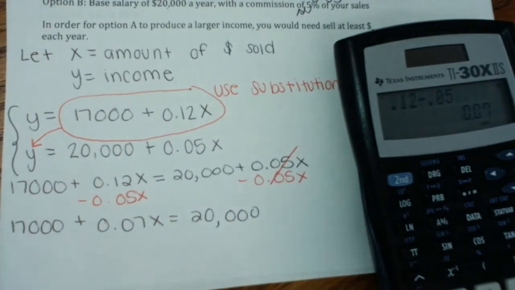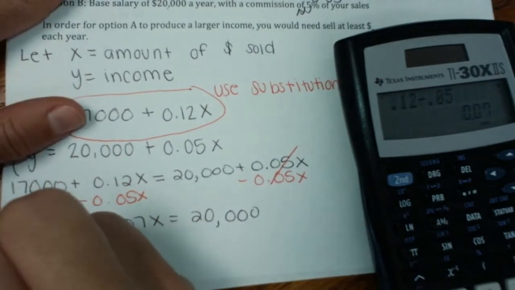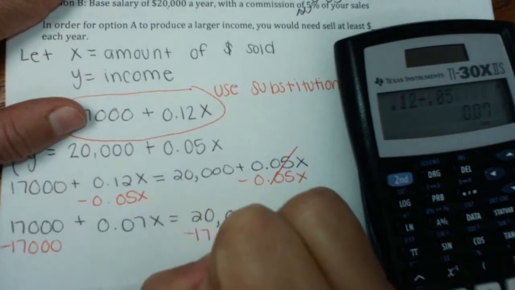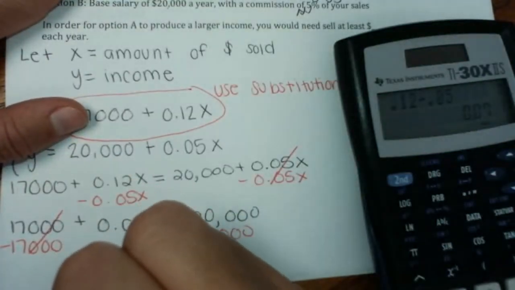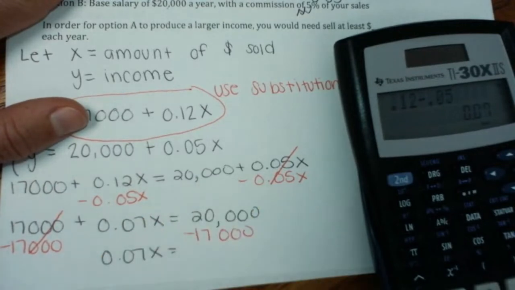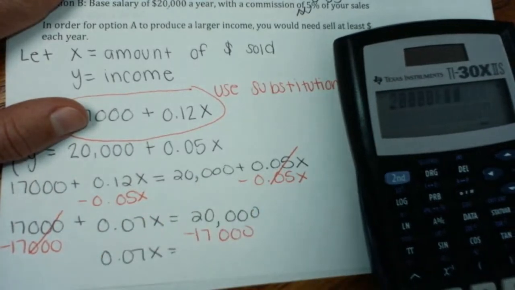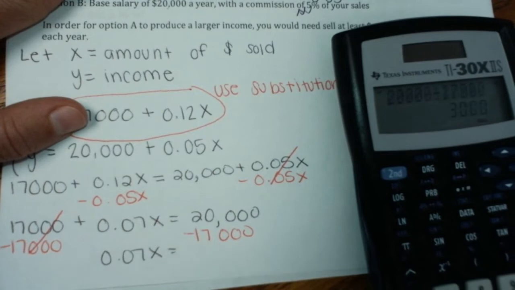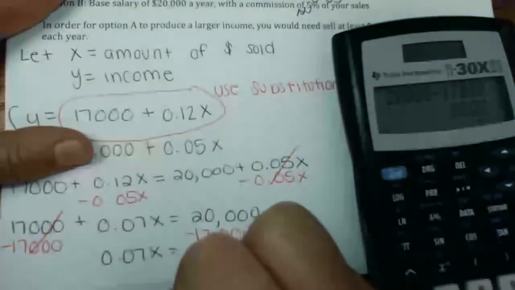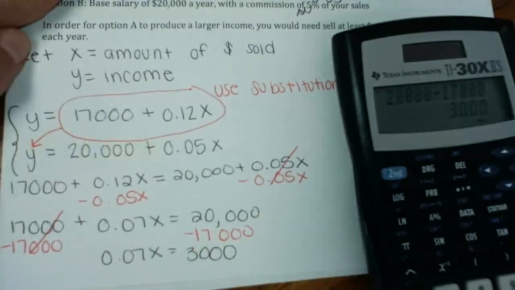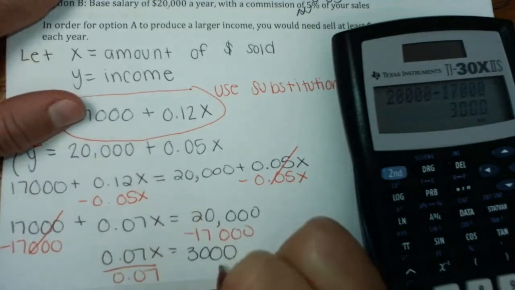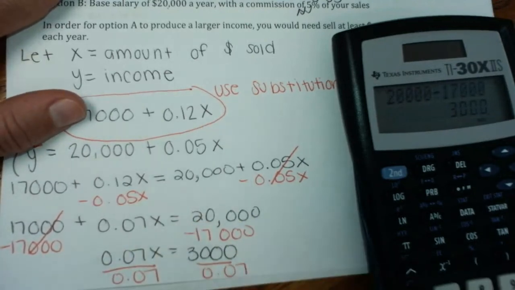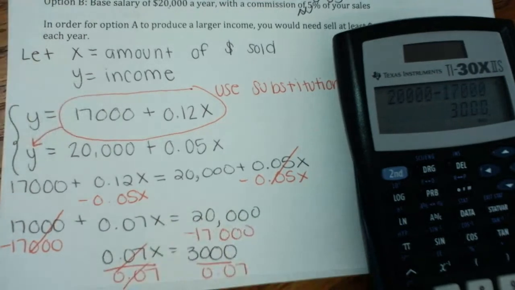Getting x by itself, let's move that 17,000 to the other side. So let's subtract 17,000 from both sides. That way those cancel. We are left with 0.07x equals 20,000 minus 17,000, and that will give us 3,000. Almost done getting x by itself. Let's divide both sides by 0.07.